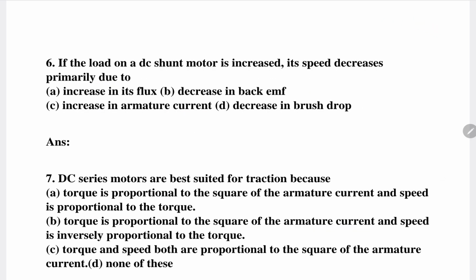Next, if the load on a DC shunt motor is increased, its speed decreases primarily due to what? When the load on the shunt motor increases, speed is going to decrease. Speed decreases means back EMF is going to decrease.